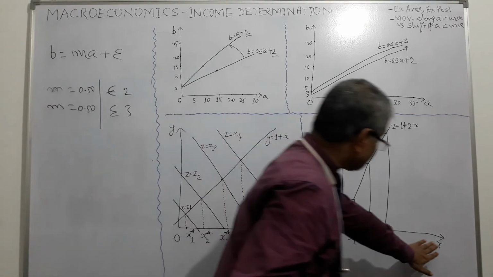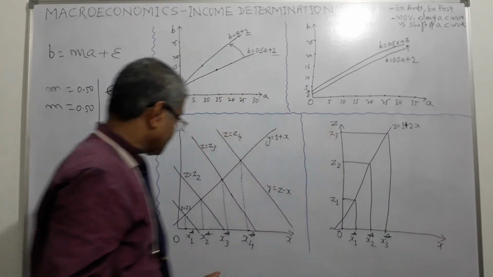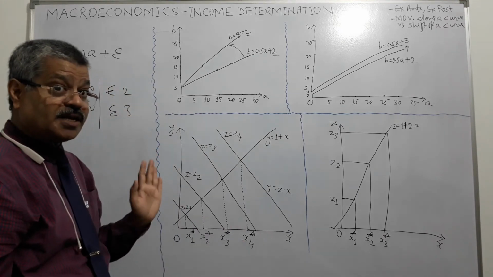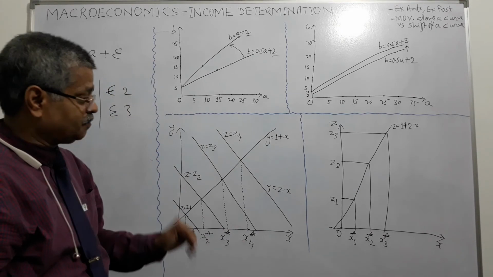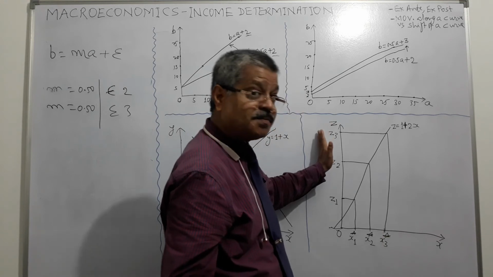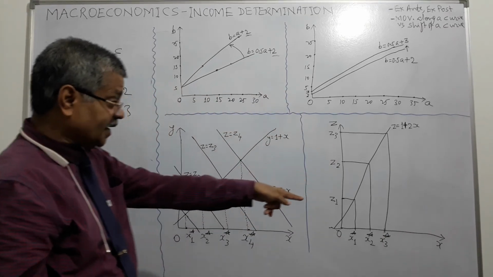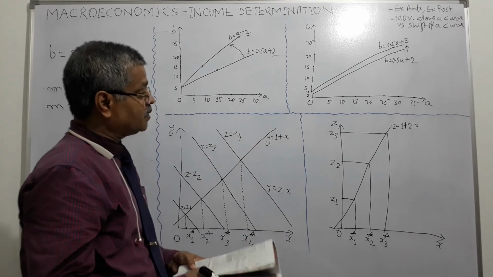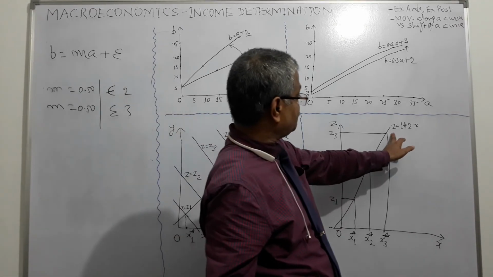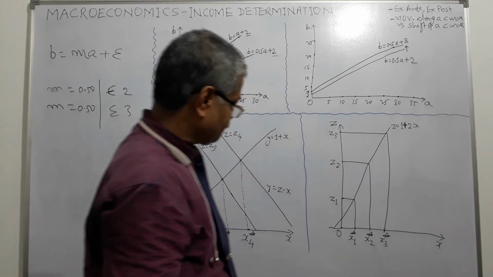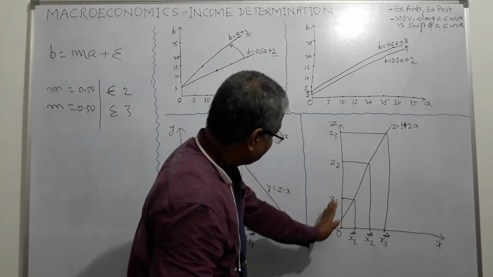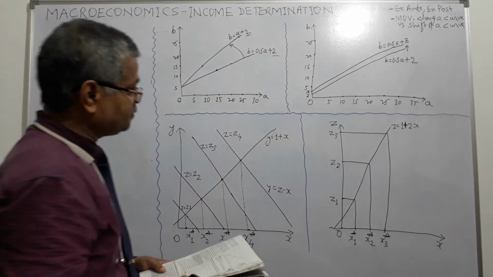What are the variables? X and z. Here the variables were x and y. In this, z was not a variable, it was a parameter. But here, z has become a variable along with x on the horizontal line, z being on the vertical line. And here the value of z is equal to 1 plus 2x. X star 1, x star 2, x star 3, z1, z2, z3, right?